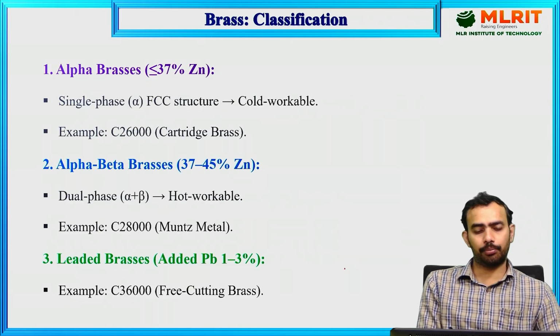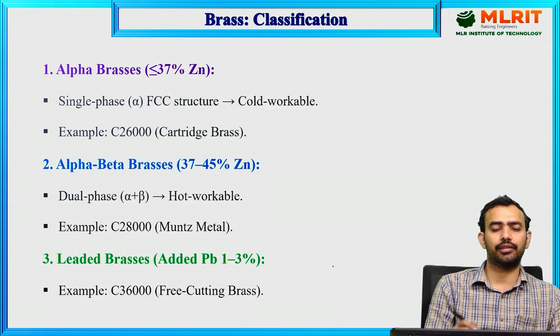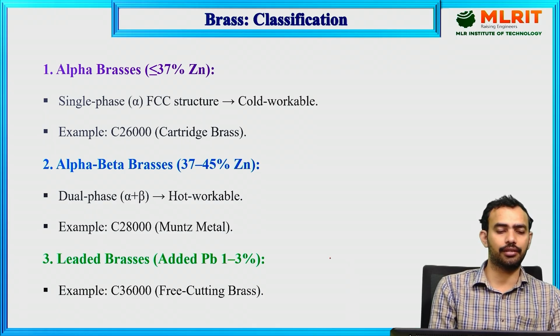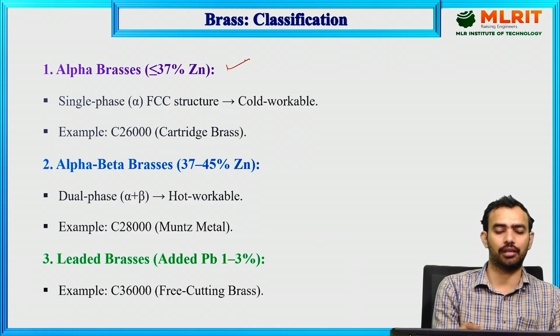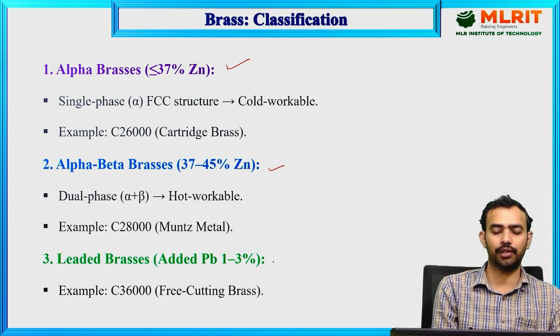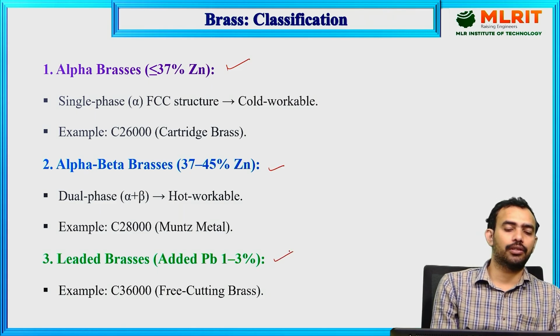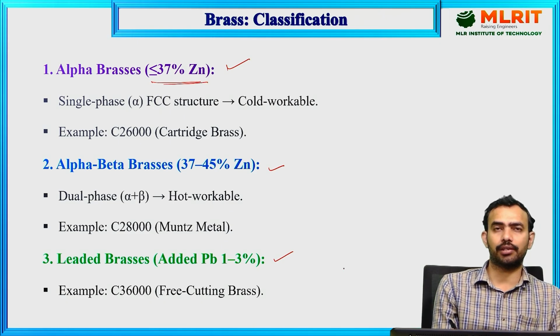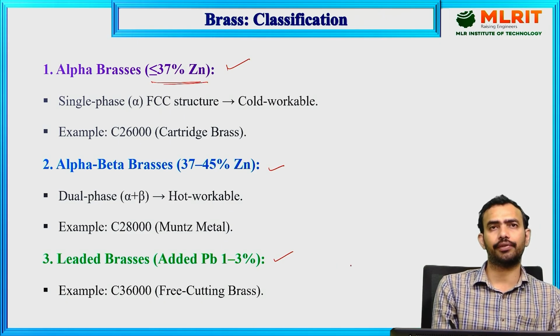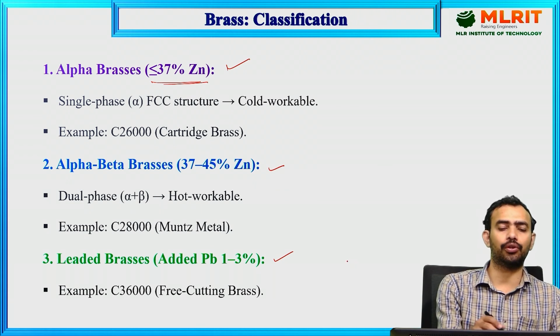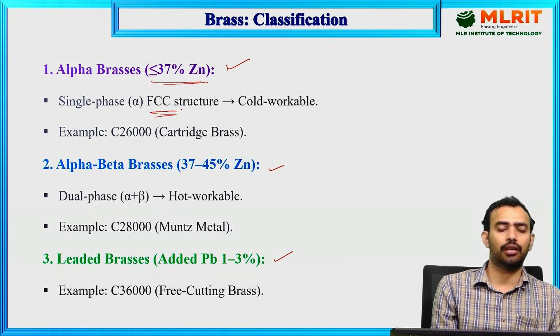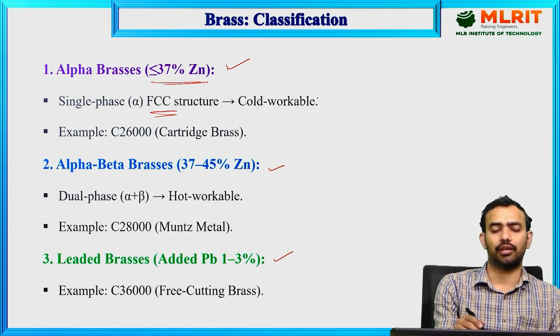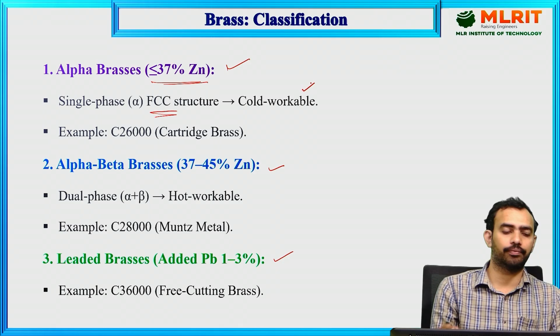According to the percentage of zinc, we classify brasses into three categories: alpha brass, alpha beta brass, and leaded brass. Alpha brasses have a zinc percentage less than or equal to 37%, and are observed to have an FCC structure, alpha copper, which is basically cold worked.